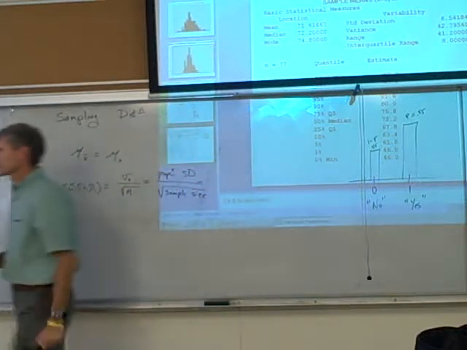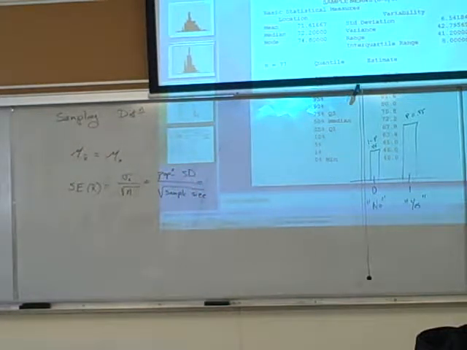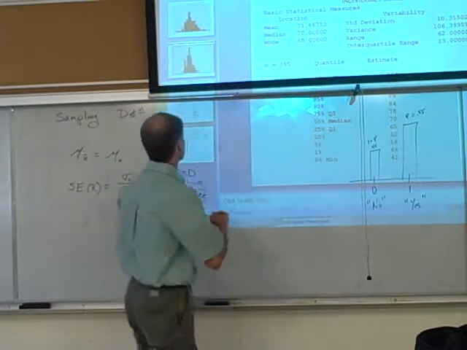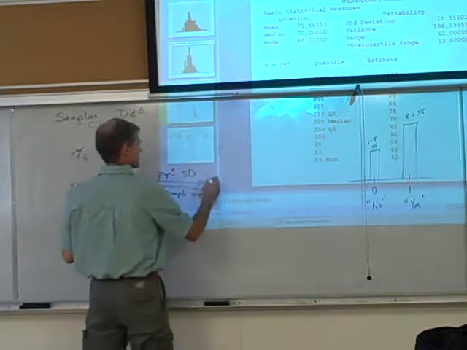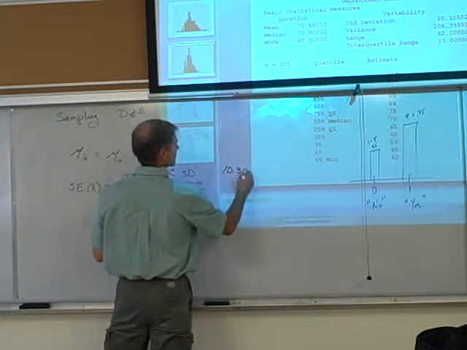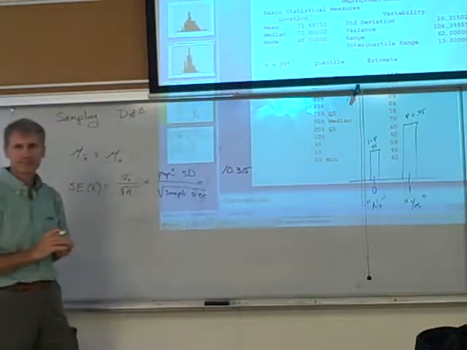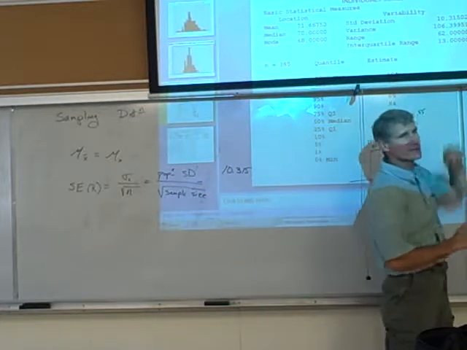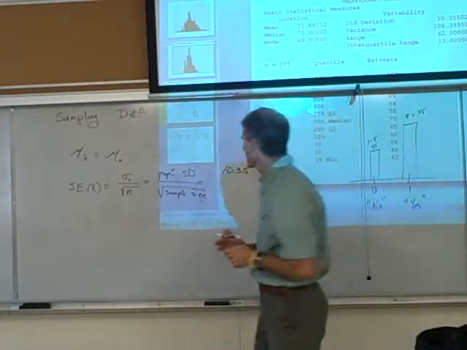Now, let's look at those standard deviations. The standard deviation of my population of 385 pulses is 10.315. Right? So I just took the standard deviation of the 385 and I got 10.315.